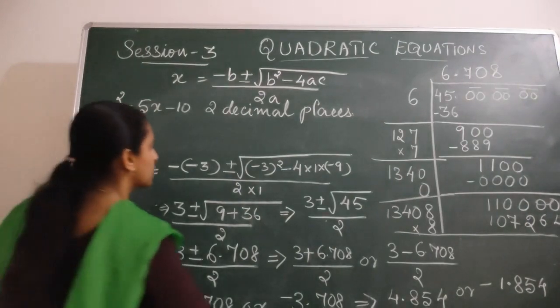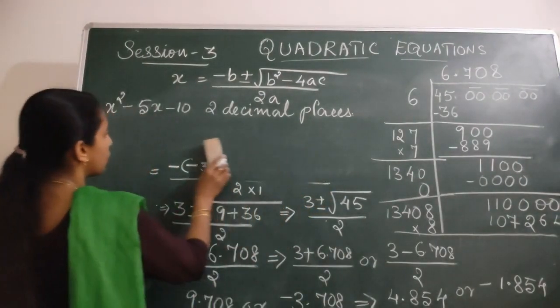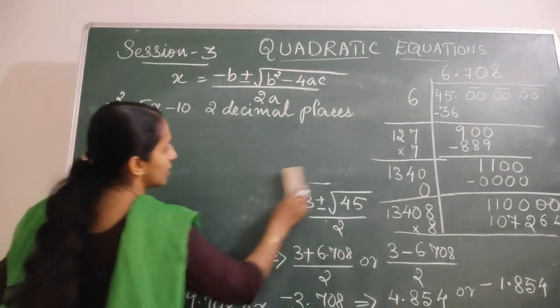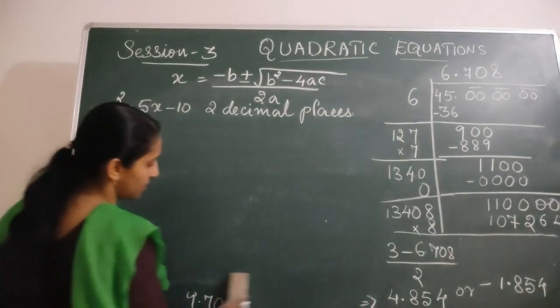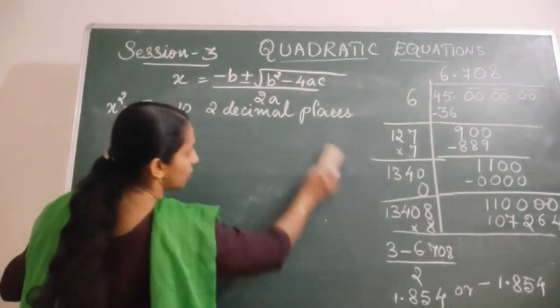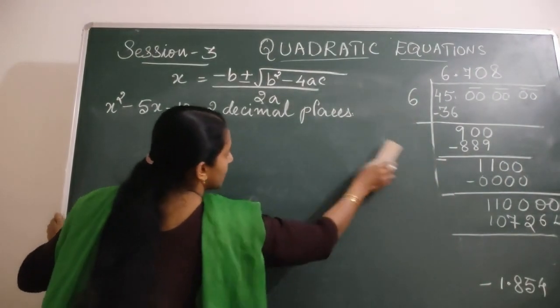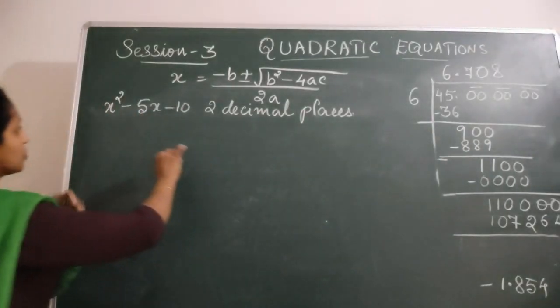Okay, here also the same thing. You will substitute the values first, then find the square root by the long division method, then simplify. The final answer you have to write in decimal form, two decimal places.